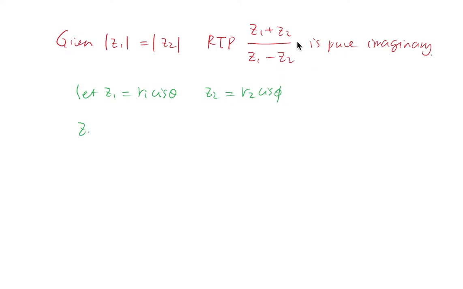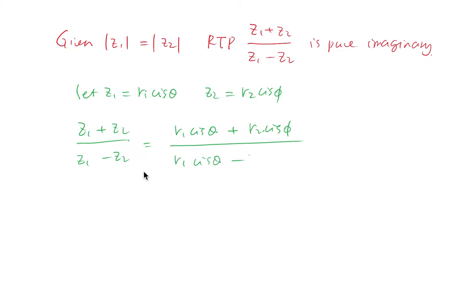So Z1 plus Z2 over Z1 minus Z2 will be R1 cis theta plus R2 cis phi, and Z1 minus Z2 would be R1 cis theta minus R2 cis phi.